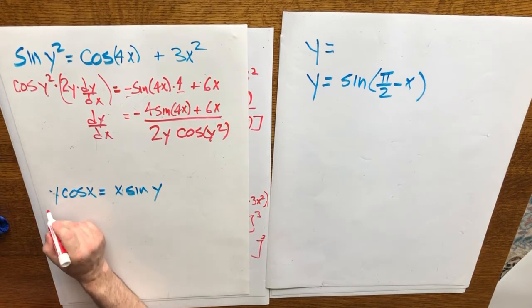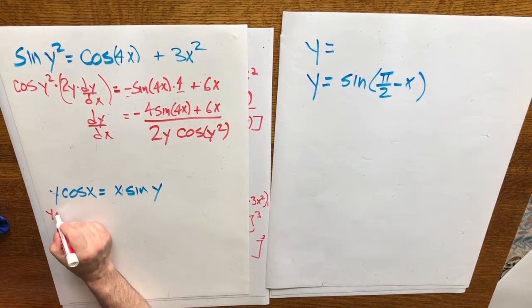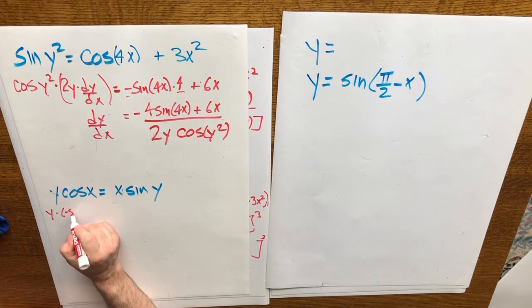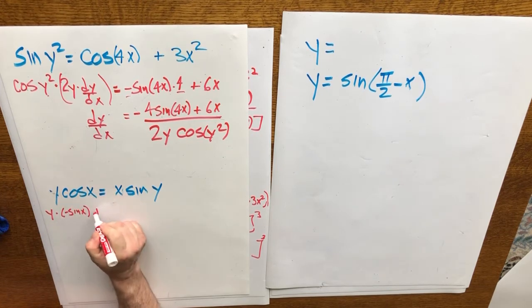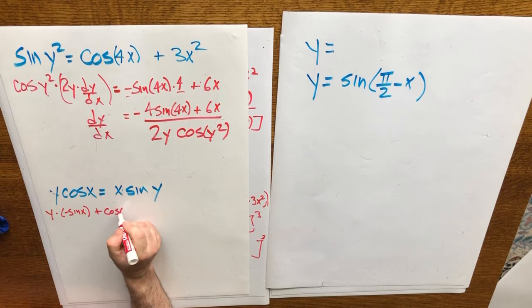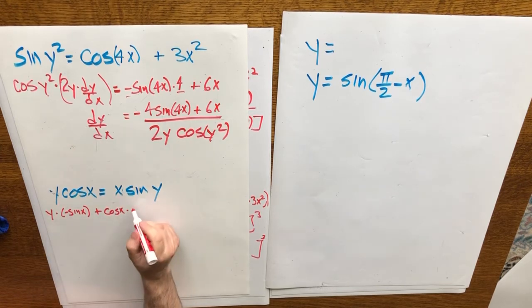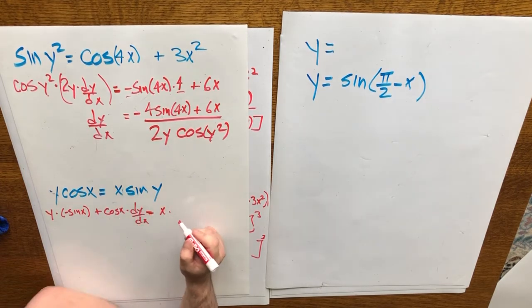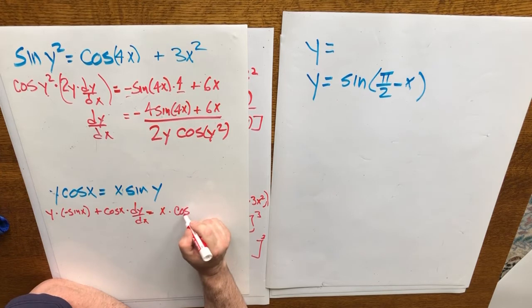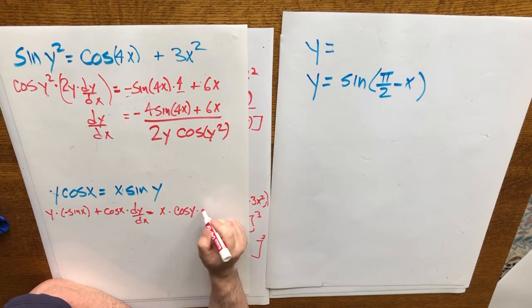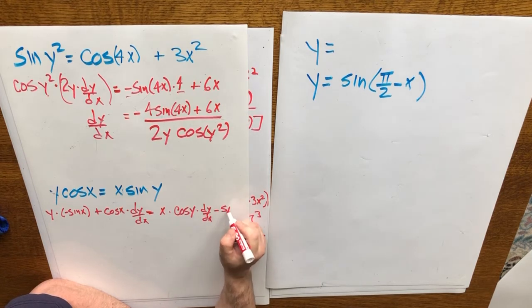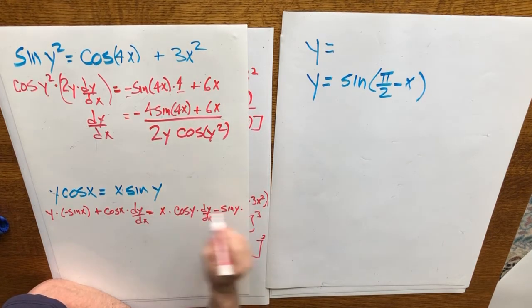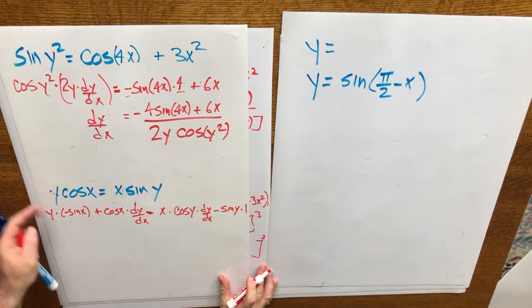Let's see what happens with this one. Y first times the derivative of the second, negative sine x, plus second cos x times the derivative of the first, dy over dx, equals x first times the derivative of the second. The derivative of sine y is cos y times the derivative of its argument, dy over dx, minus second sine y times the derivative of the first, 1.